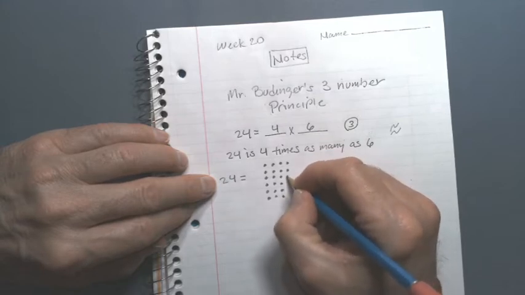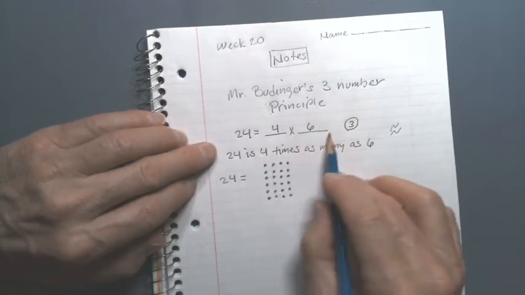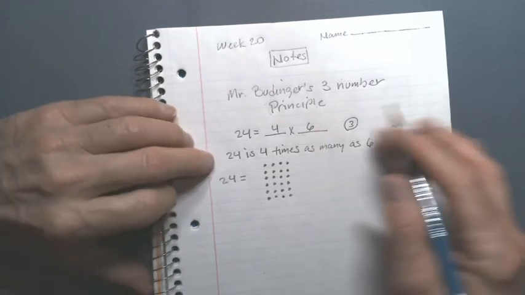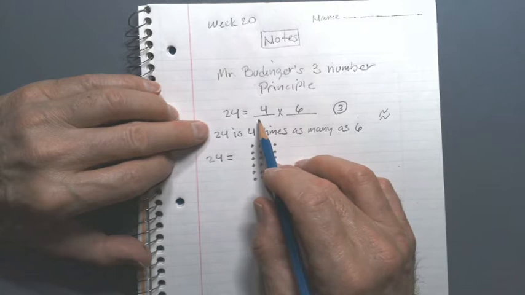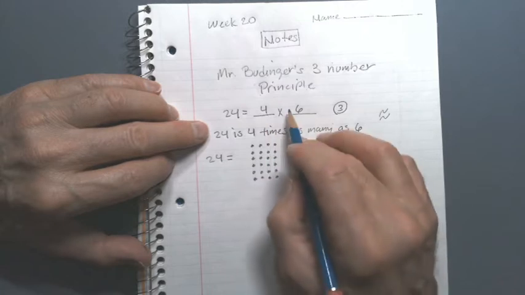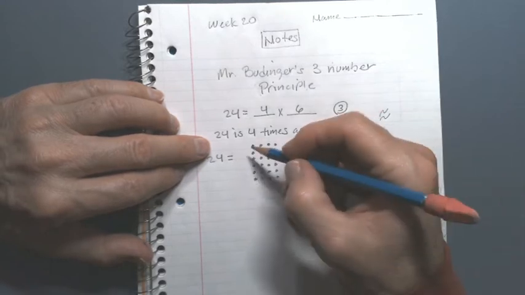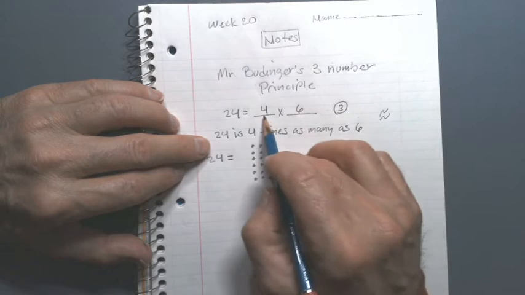I like to use the number 24 because you can do so much with it. It has so many different answers, and we just chose 4 and 6 for this particular example. Now we have to arrange these to agree with our equation and our short math statement. So I'm multiplying 6 4 times.